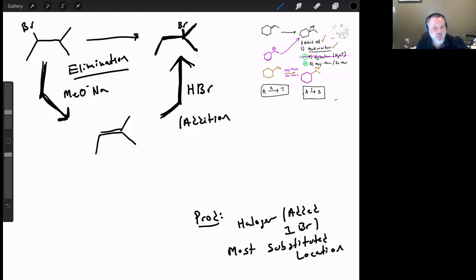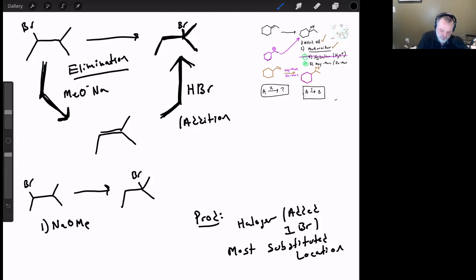And so this is the solution to this synthesis problem. If I give you this synthesis problem like this and say, form this molecule, the solution is this for step 1, sodium methoxide. Step 2, HBr.